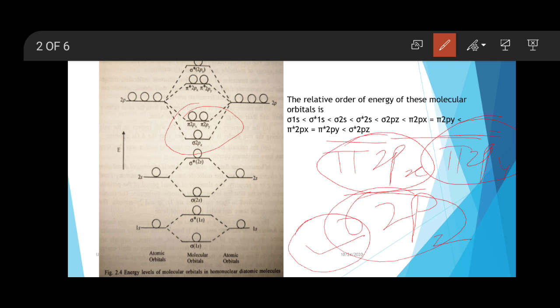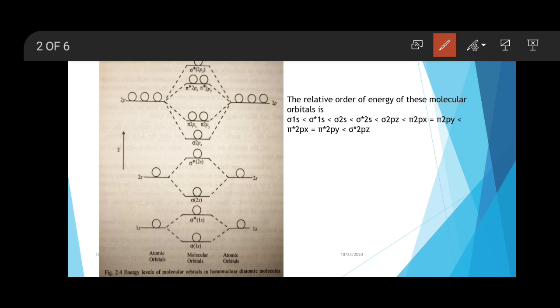Sigma 1s, sigma star 1s. Sigma 1s is lower in energy, while sigma star 2pz has the highest energy in the MO diagram.